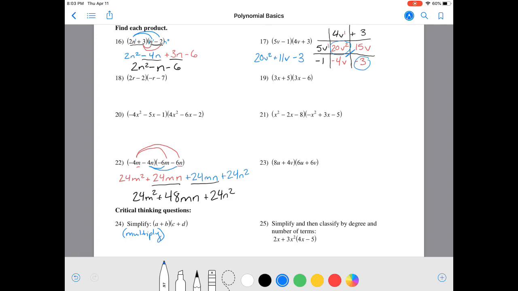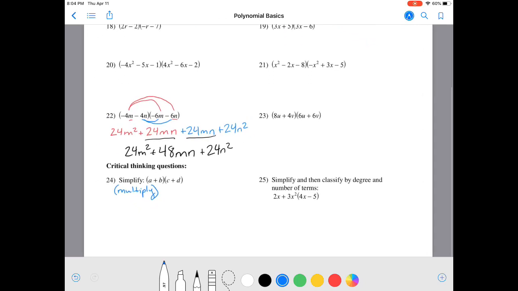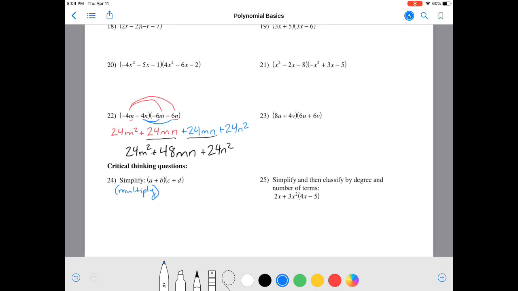Next, we're going to simplify and classify by the degree and the number of terms this problem that we have down here. Now this one looks a little bit tricky because it looks like simple multiplication, but you can see that there's no parentheses around the 2x plus the 3x squared. So it is going to change a little bit the way that we do this problem.